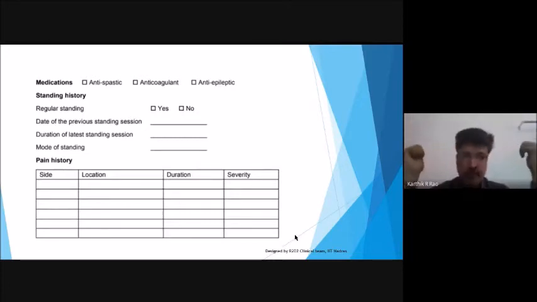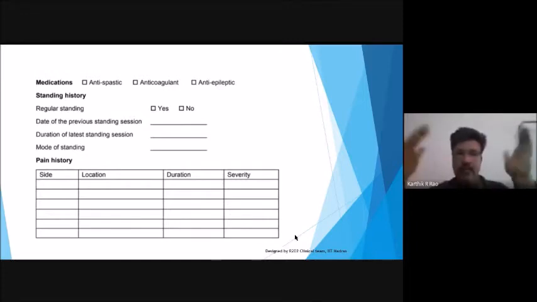The next thing that we look at is the pain history, and we try to identify if there is a pain history involved. If the person has pain, where is it? We're looking at the site, the location, the duration, and severity, because it has repercussions both ways.